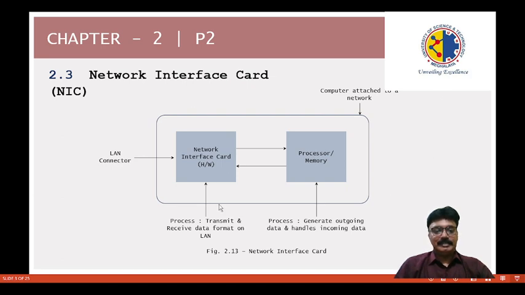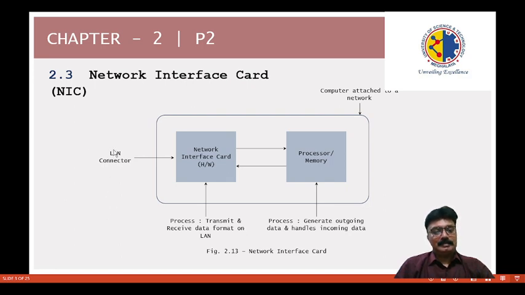So in this diagram we can see the network interface card, this is the point, and it is connected with the processor or memory, and this is a LAN connector. The LAN connector is going to connect with this network interface card, which is used to transmit and receive data from the LAN.